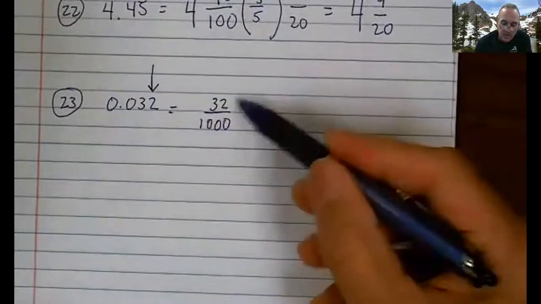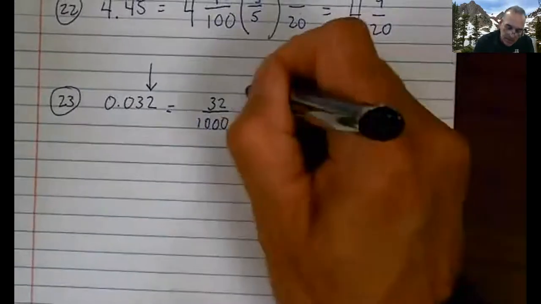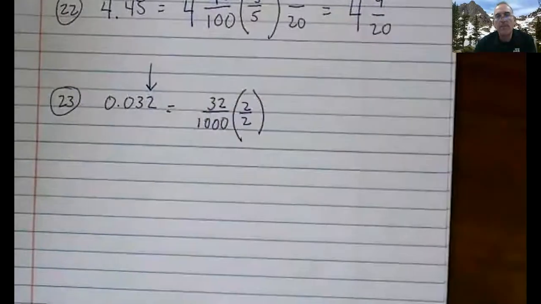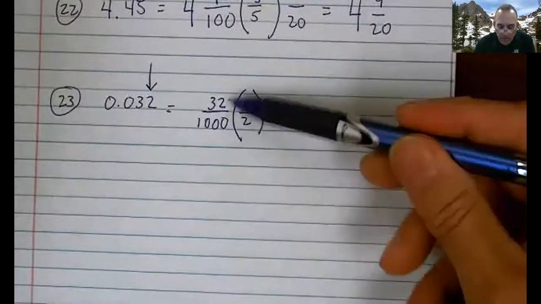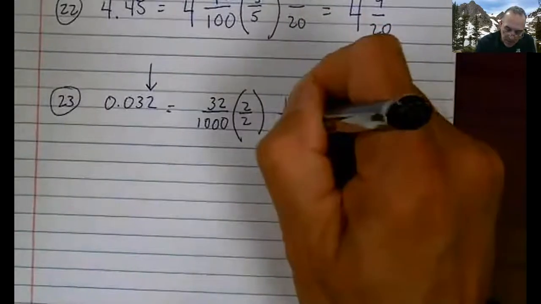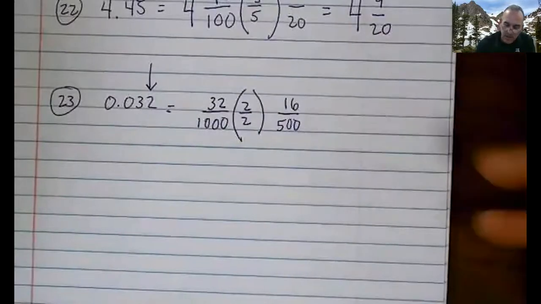Then I see that they're both even. I don't know what the GCF is. If I knew the GCF, I could do it in one step, but I don't. And it's okay to do it in more than one step. I see that they're both even, so I can divide them both by 2. I get 16 over 500. And I look at them and go, I can divide these by 2 again.